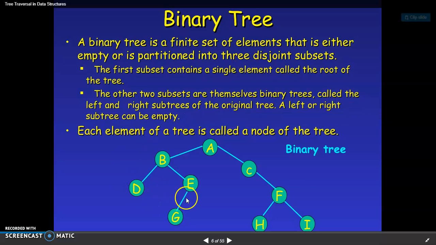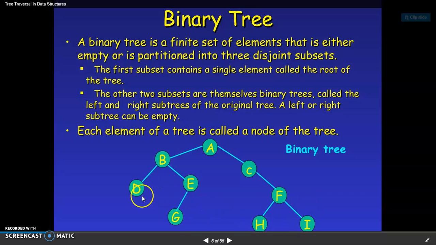Whenever you observe this tree in the example, A is a node which has two child nodes, B and C, and B is a node which has two child nodes, D and E. E has only one child, that is G, and C has only one child, that is F. F has two children, H and I. So here D, G, H, I are the leaf nodes.